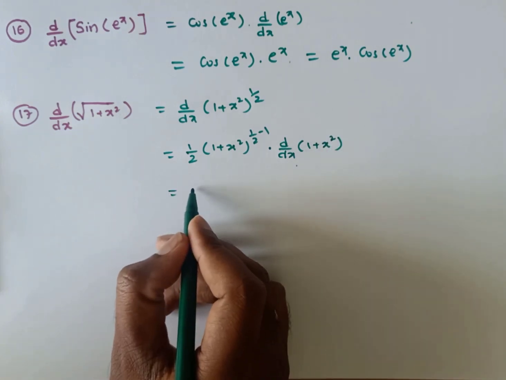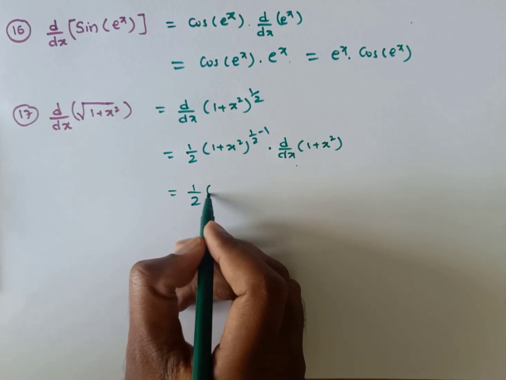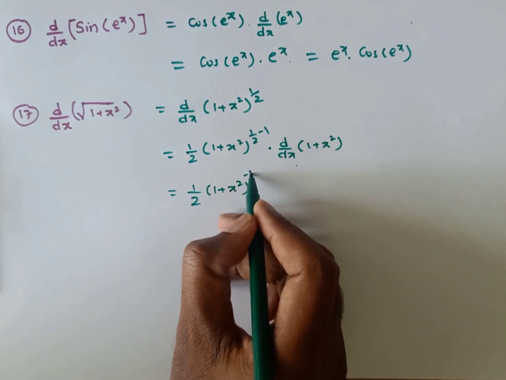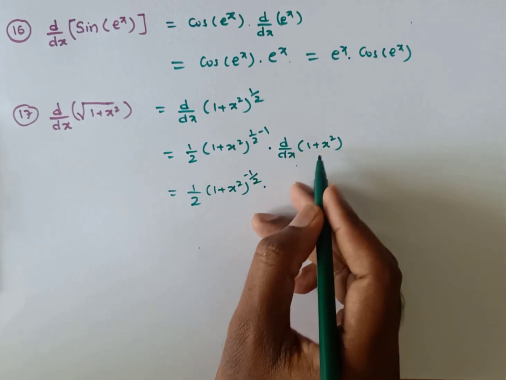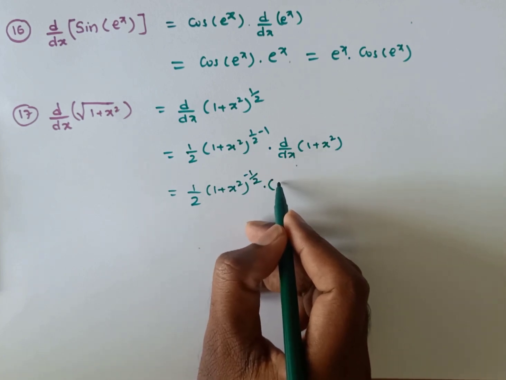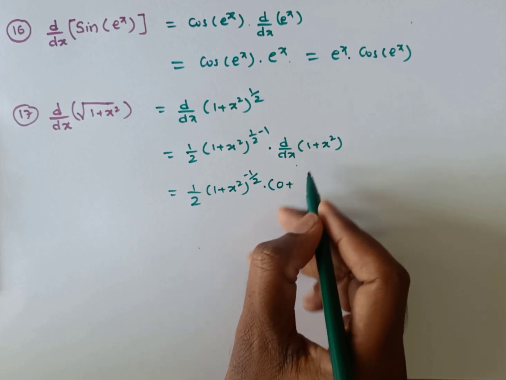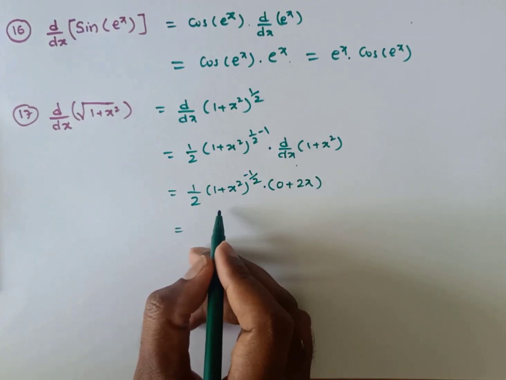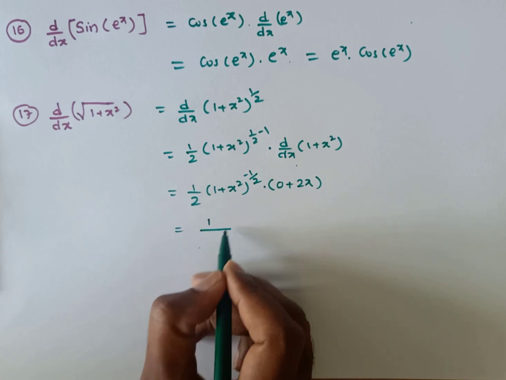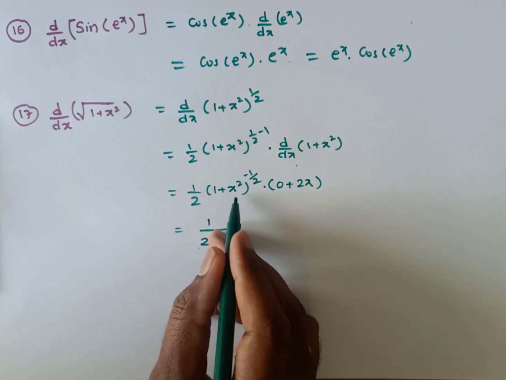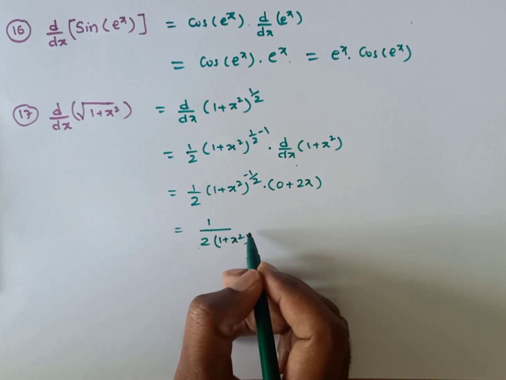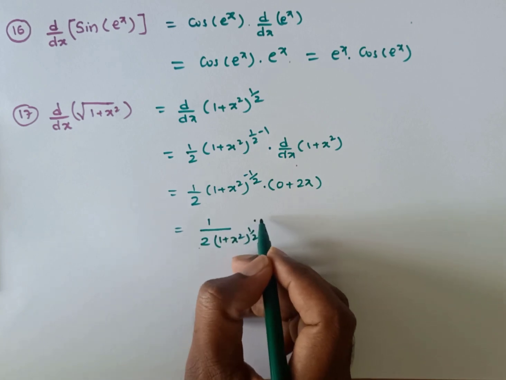Now this is 1 by 2 into (1 plus x square) whole to the power of 1 by 2 minus 1, which is minus 1 by 2, into the derivative of 1 plus x square, that is, derivative of 1 is 0 plus derivative of x square is 2x. So finally, we can write it as 1 by 2 into (1 plus x square) to the power of minus 1 by 2 into 2x.